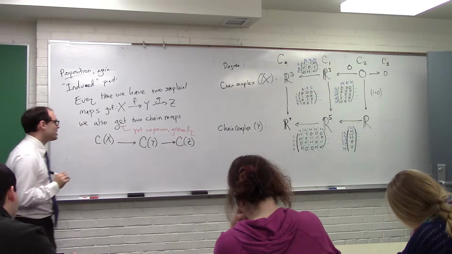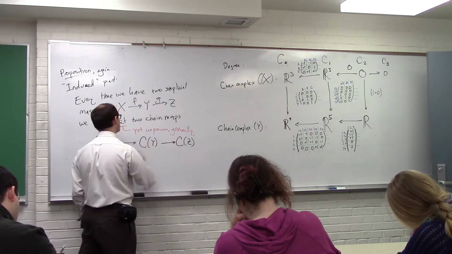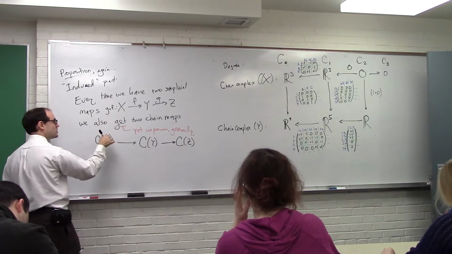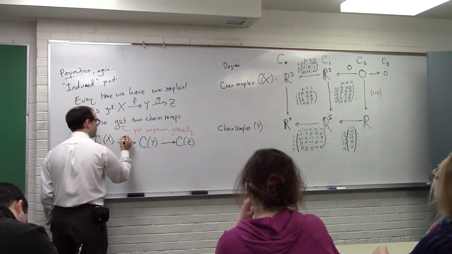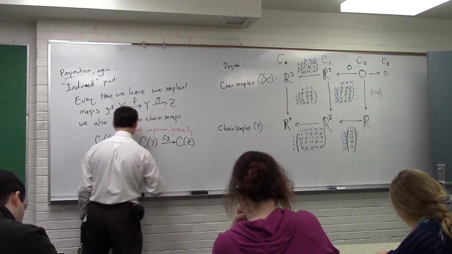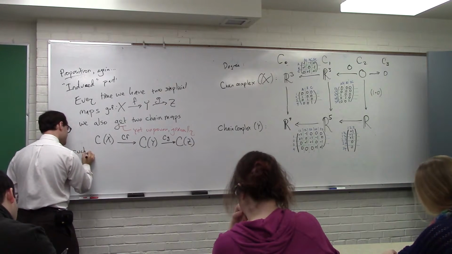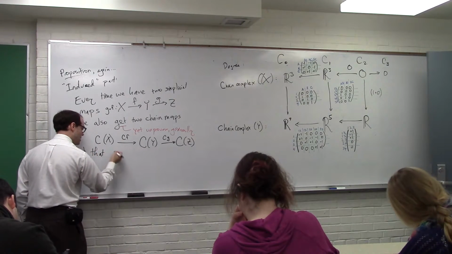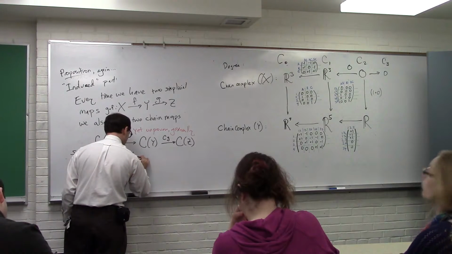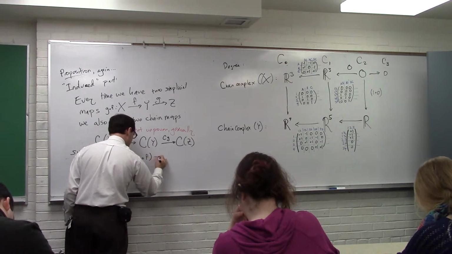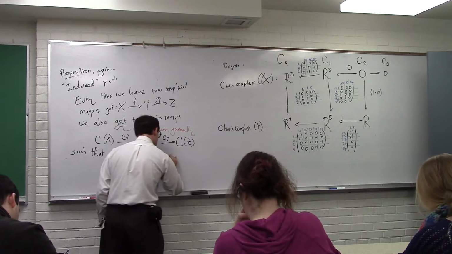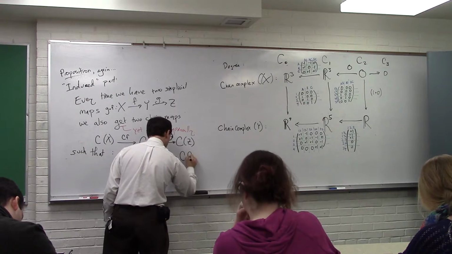The important part here is that this composition is respected. Let me call the process of constructing the chain map for F, CF, and here's CG. And the point is, this is the induced part, such that C of GF is equal to, importantly now, CG composed with CF.